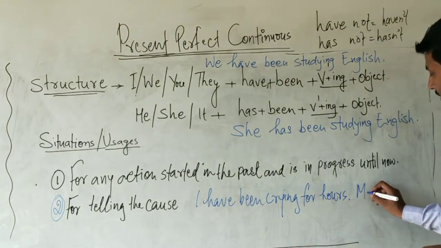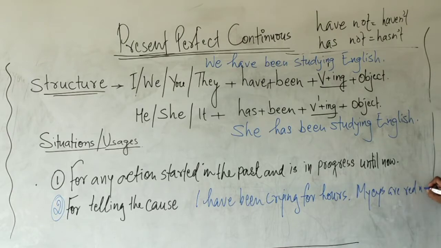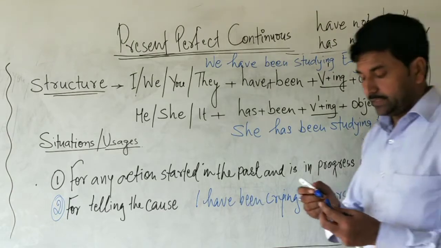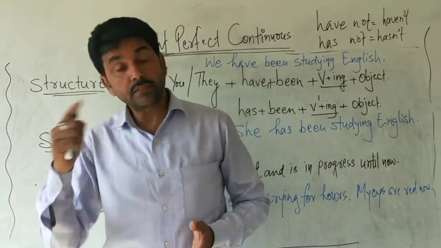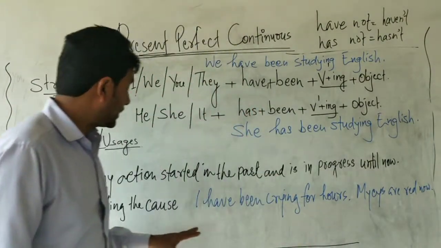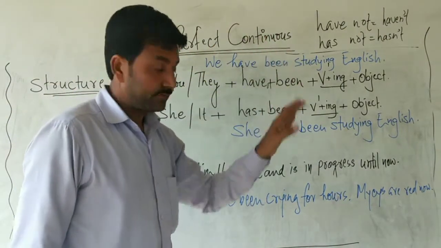My eyes are red now. You can see the result, and when you can see the result, you can understand the cause. The cause can be written in present perfect continuous tense.